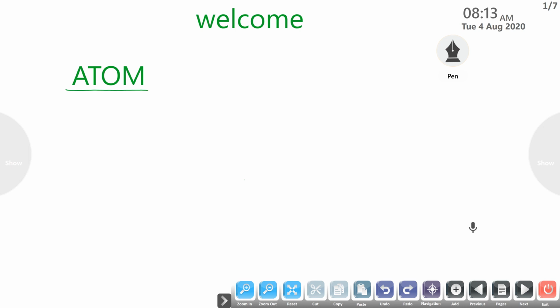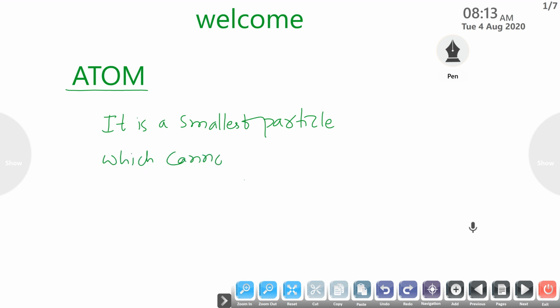So, atom is the smallest particle which cannot be divisible. So, we will have an idea that it is the smallest particle which cannot be again divisible.